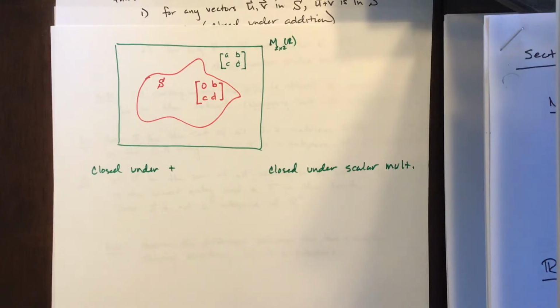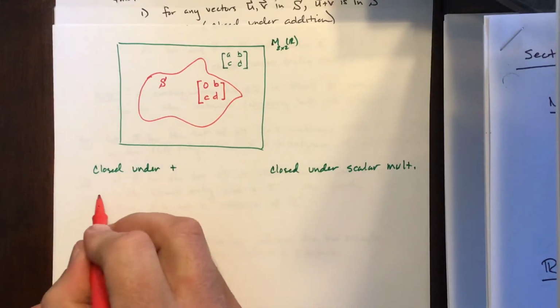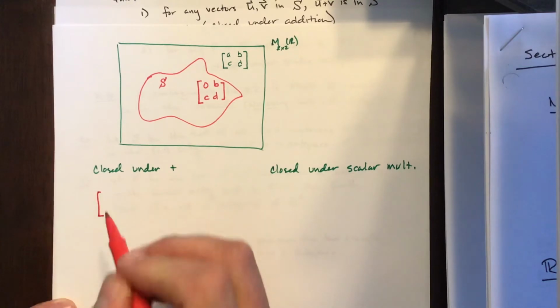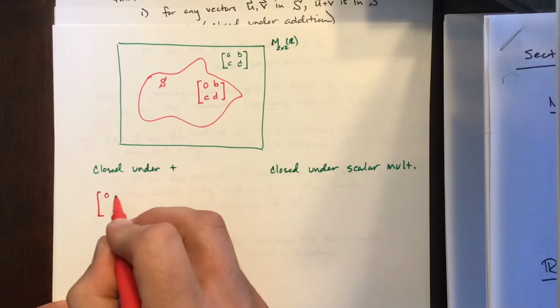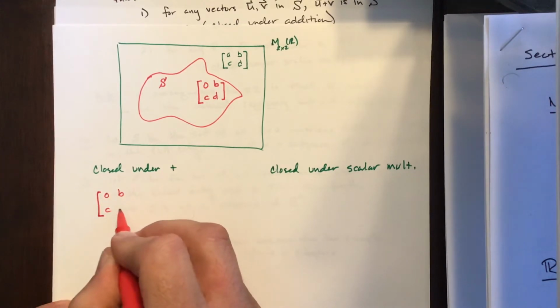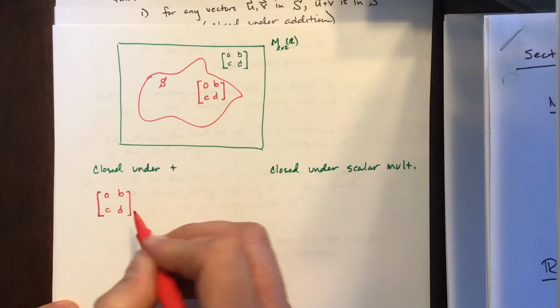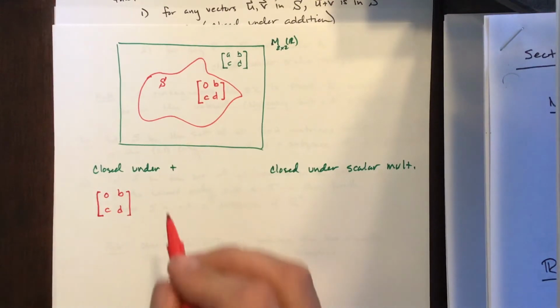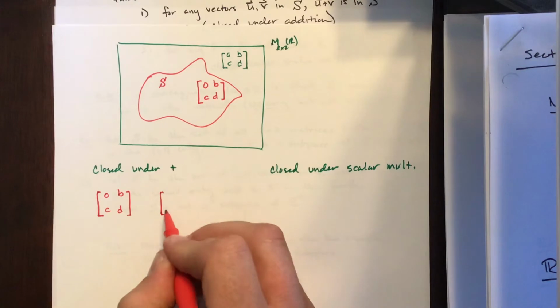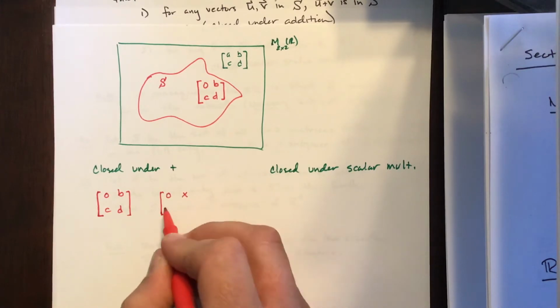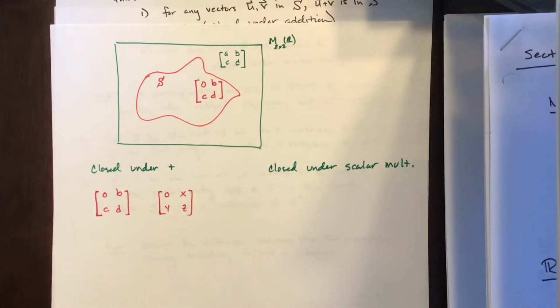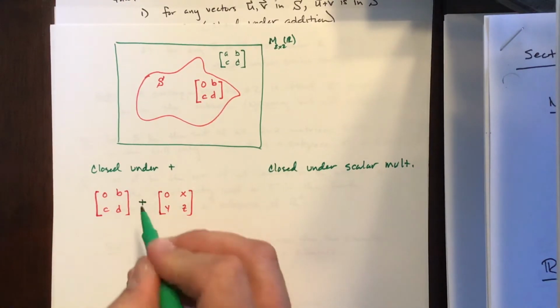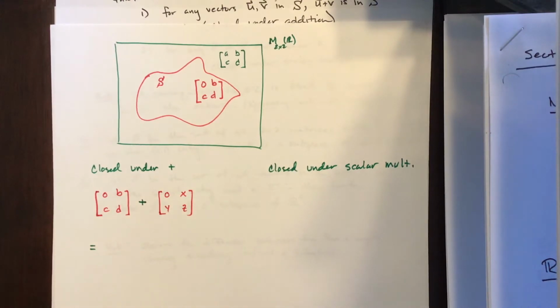We're talking about things in red, so I'm going to color them in red. One element might be 0, B, C, D. Here's another element in the set: 0, X, Y, Z. And you want to show that when you add them together, you get something that is also in the subset.